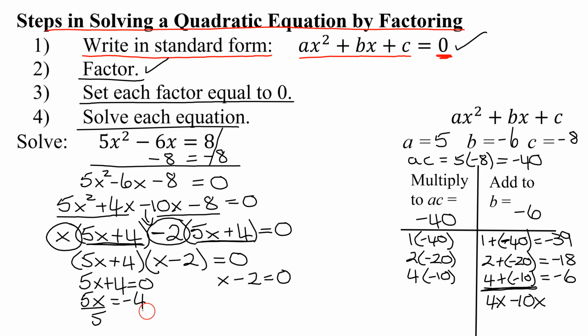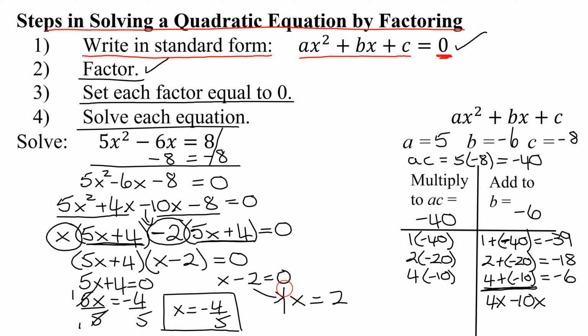Divide both sides by 5, and I get x equals negative 4/5. Sorry, I'm kind of running out of room here. There's one solution. And my second solution comes from x minus 2 equals 0. Add 2 to both sides. x equals 2. So there are my two solutions to this quadratic equation.